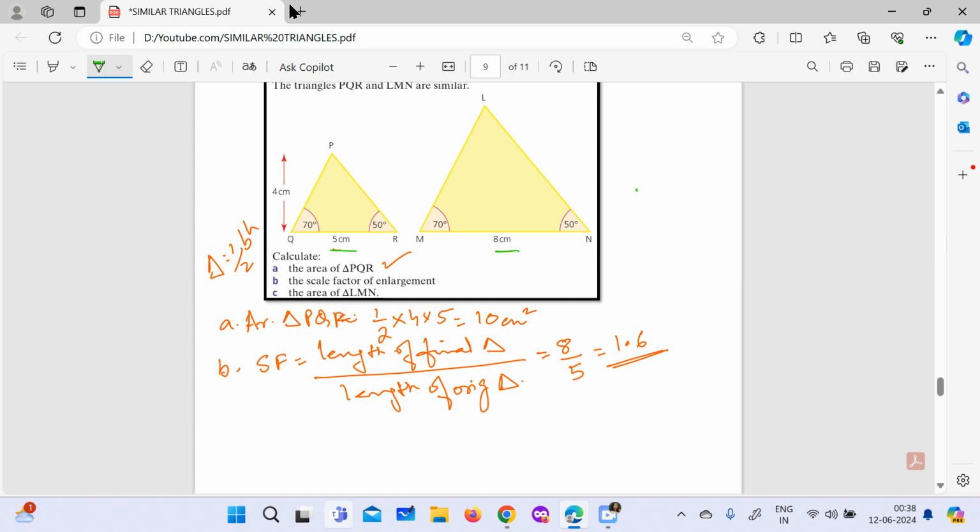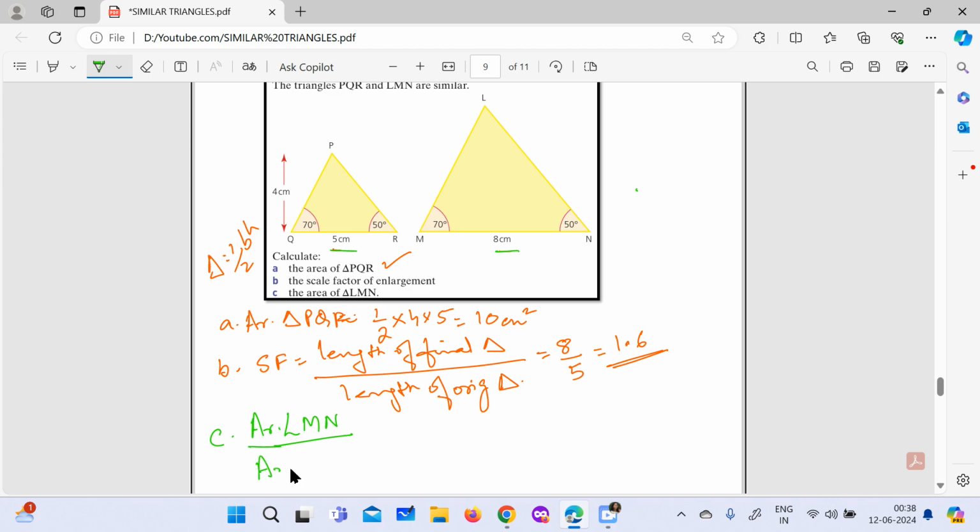So following that, we can write it like this. Area of LMN upon area of triangle PQR equals 8 squared upon 5 squared.